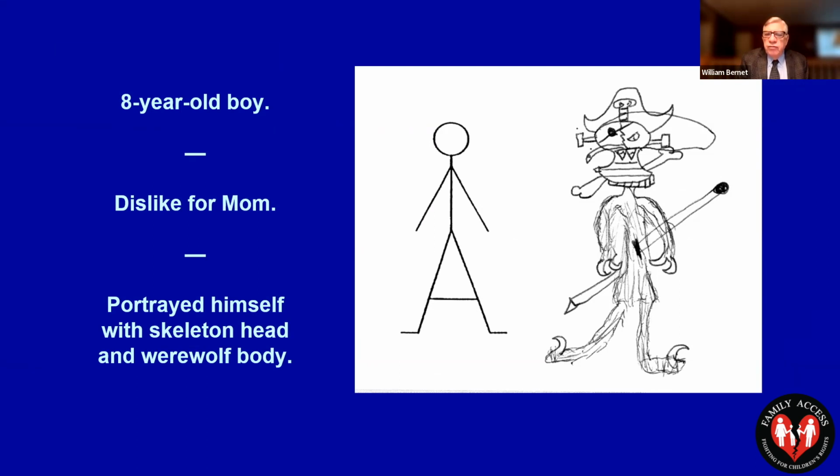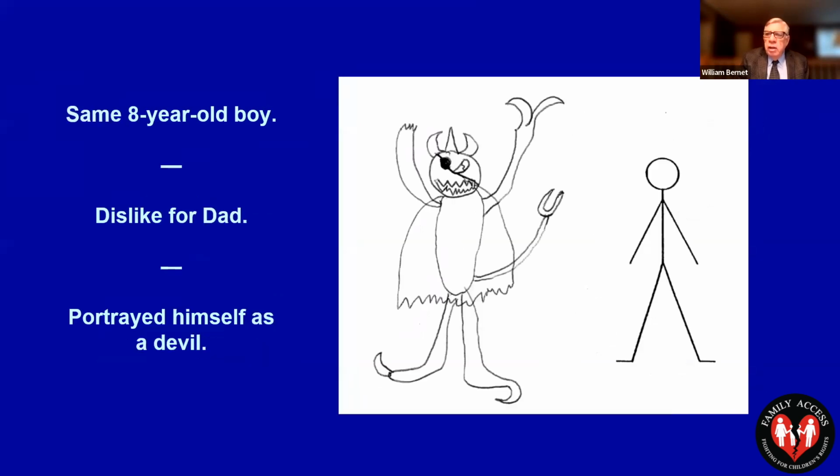outline drawing, the stick figure, and you say to the child, here's a picture, this is your mom. Now put a picture of yourself in this piece of paper. And then you give them this one and you say, this little stick figure is your dad, put yourself in this picture.